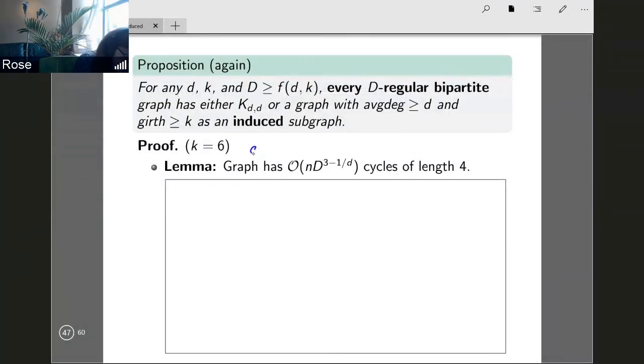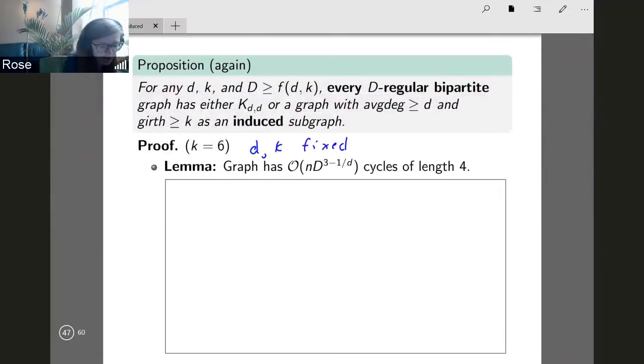Here d and k are fixed in the big O notation, and n is half the number of vertices in the graph, since the graph is bipartite and regular, so it has the same number of vertices on each side. We want to show that the graph has O(n D^{3−1/d}) cycles of length 4. The idea is that we save this extra minus 1 over d from what we'd usually get.